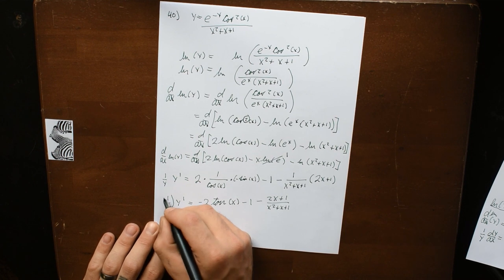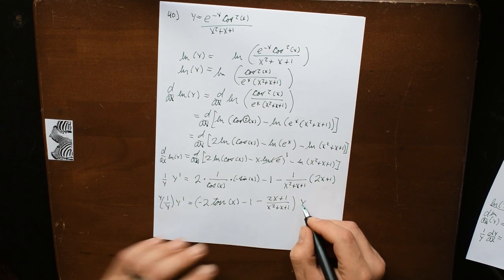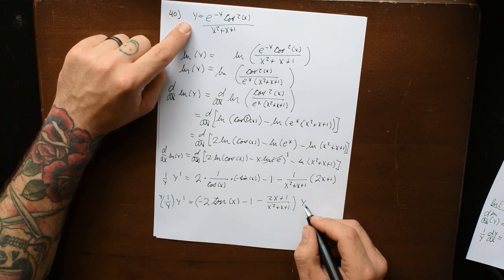Multiply on the left by y, multiply on the right by y. Don't forget we know what y is equal to.